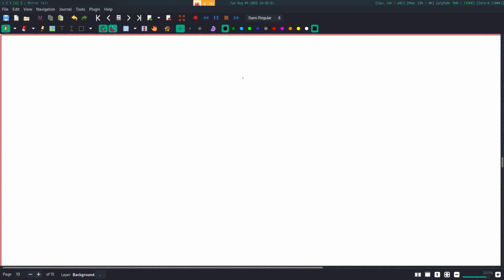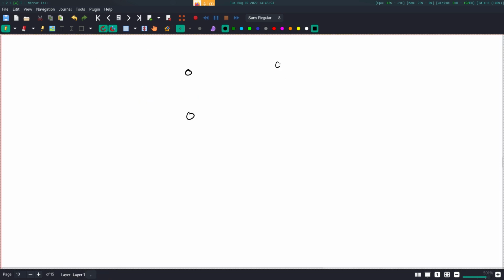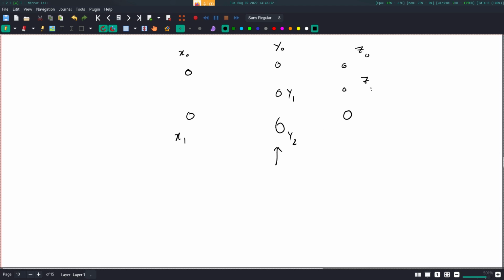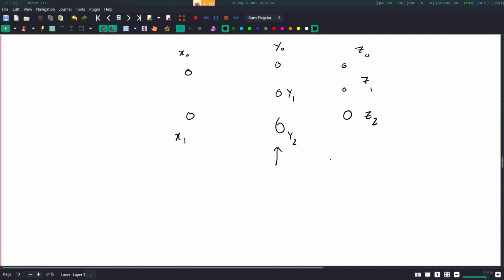Yeah, sure. So let's take this sort of situation, right? Let's have some numbering. Let's call the inputs x0 and x1. Then let's call these y0, y1, y2, and these z0, z1, z2, right?